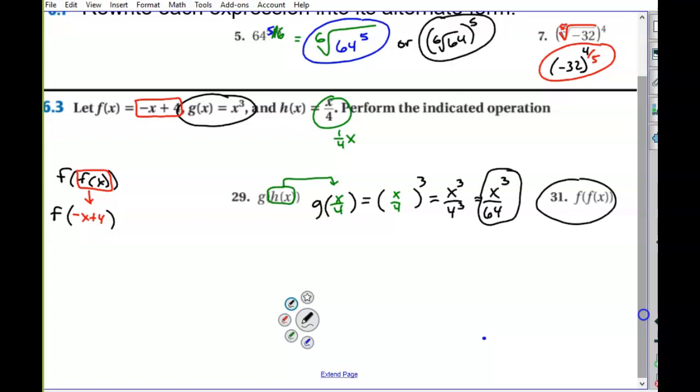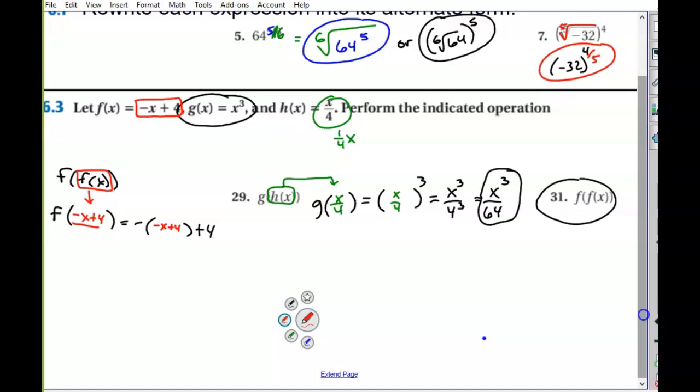So now it's telling me to use that exact same function, but with a new input. So I'm going to go back to the function of f, which is opposite of x plus 4. But now, instead of writing x, I'm going to replace it with negative x plus 4.